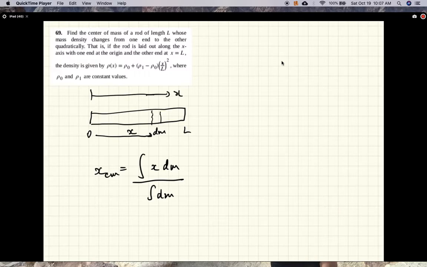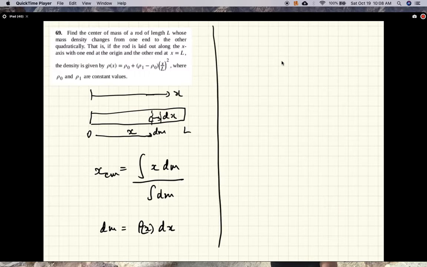Now dm, the mass of this little piece, is the density of the rod at that location times the length of that piece, which is dx.